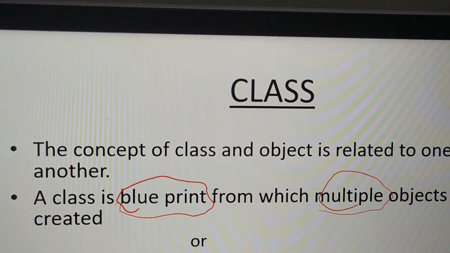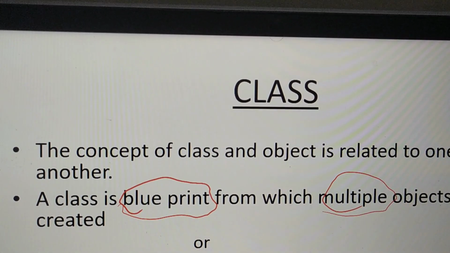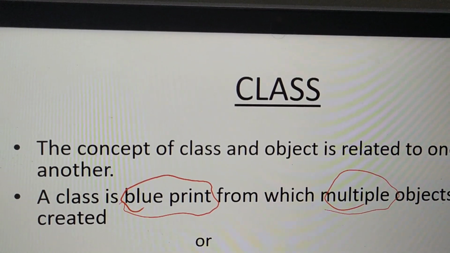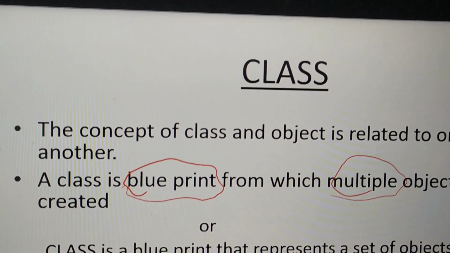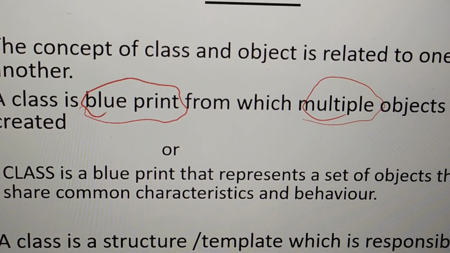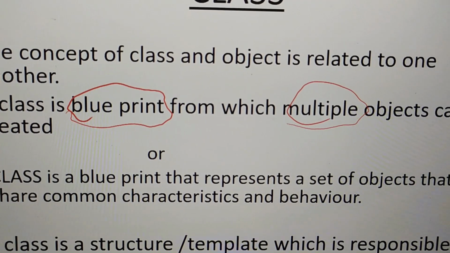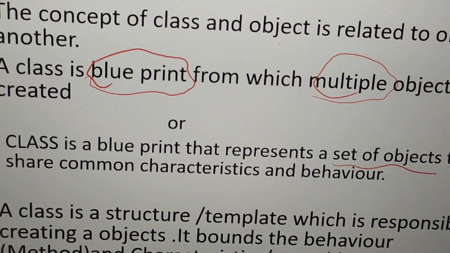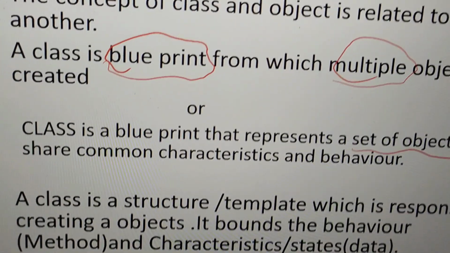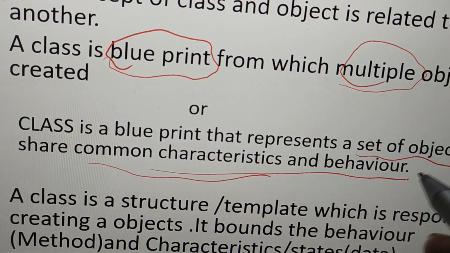Now here, what does the class have to do? The class also has to first design or prepare the structure of an object. Now see the other definition. Class is a blueprint that represents a set of objects, the same as multiple objects. The set of objects is nothing but multiple objects that share a common characteristic and behavior.